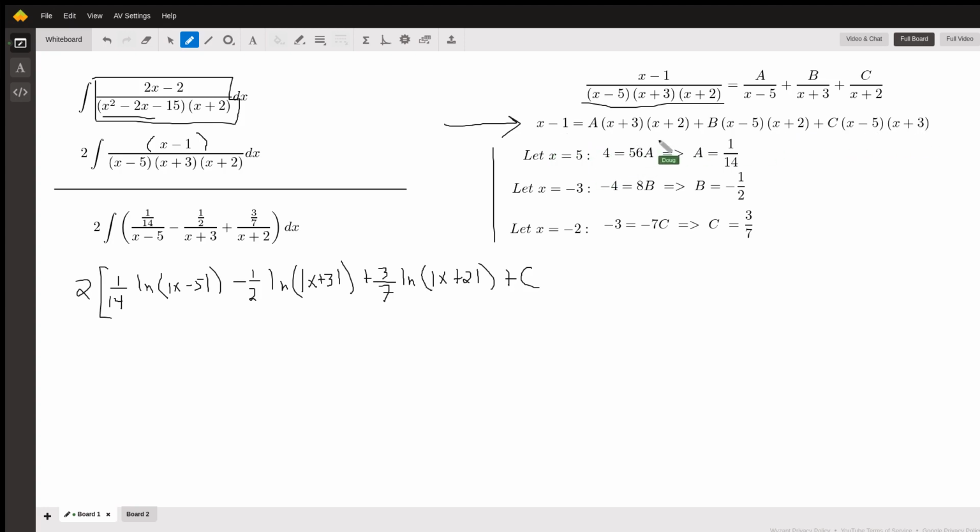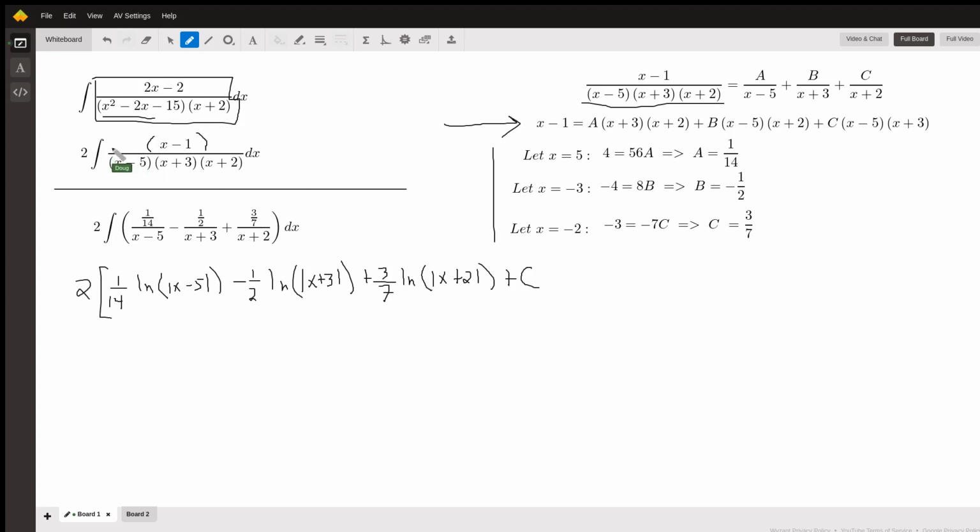We get -4 equals 8b. So b equals -1/2. And finally, if we let x equal -2, we get c equals 3/7.